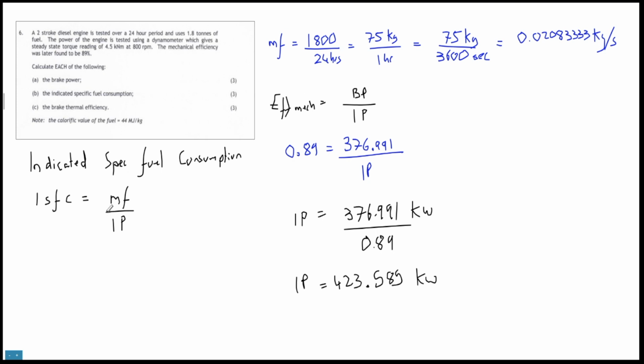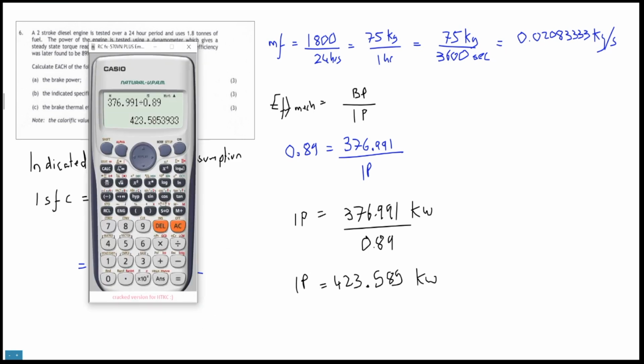I got my IP. I got my MF, which is the amount of fuel we're using every second. We can just plug these in. So now this is equal to the 0.0208, a whole bunch of threes, divided by the 423.585 in kilowatts. We're going to look at the units afterwards.